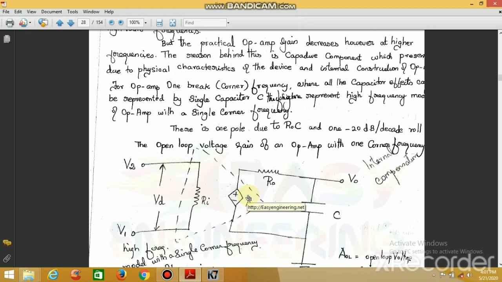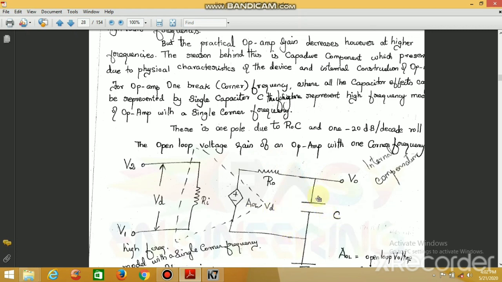Normally a capacitor is added to the circuit for cascading and also to avoid some noise. For that purpose we add some capacitance, and because of the capacitance, the gain of that circuit gets reduced.